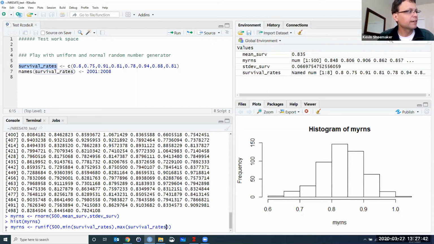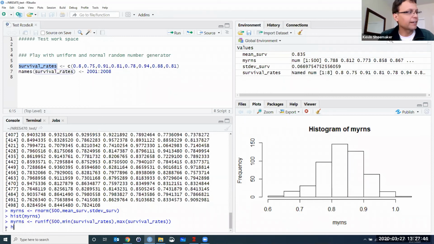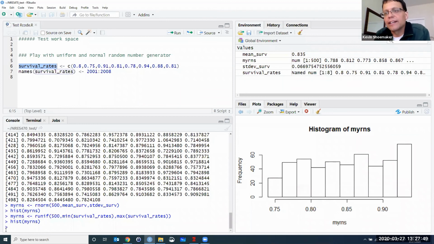And then I can plot a histogram again. And now it looks like a uniform distribution. So I could fit a uniform distribution to these data, and I could fit a normal distribution to these data. It's my choice as a modeler which distribution makes more sense in this case. And I think probably a normal distribution makes more sense in this case, but it's up to you as a modeler.